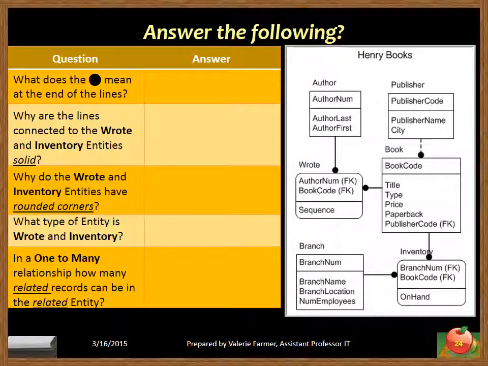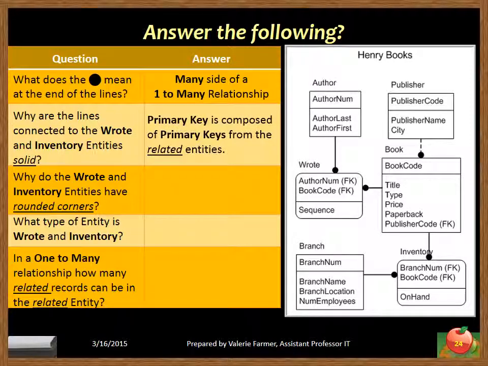Answer the following. What does the dot mean at the end of the lines? It means the many side of the one-to-many relationship. Why are the lines connected to the wrote and inventory entities solid? The primary key in these entities is composed of primary keys from the related entities.